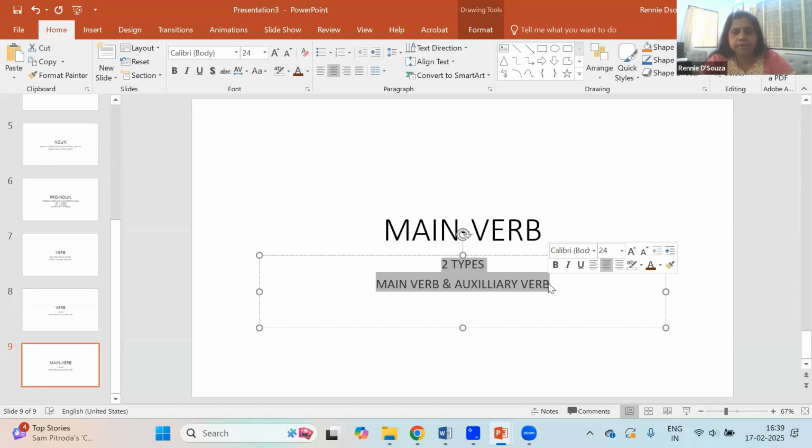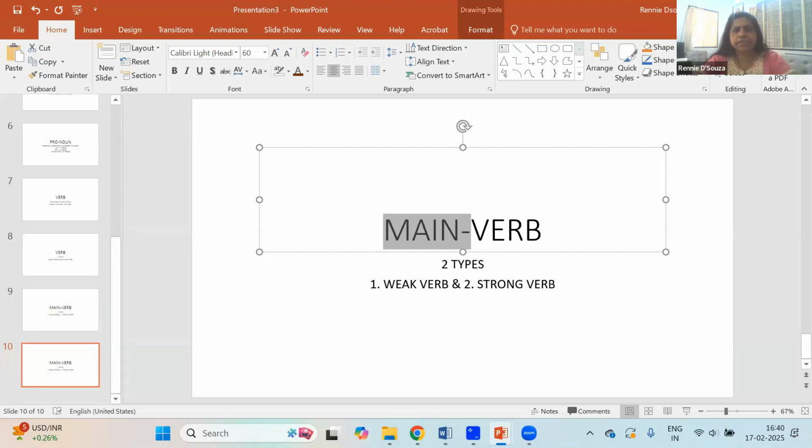And in main verb there are also two types. One is weak verb and the other is strong verb. Now let us see weak verb.